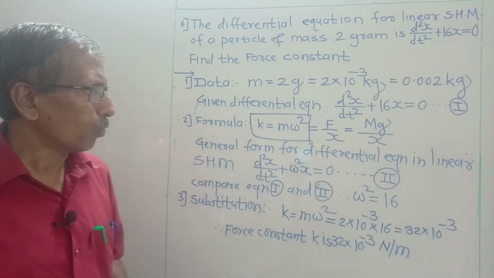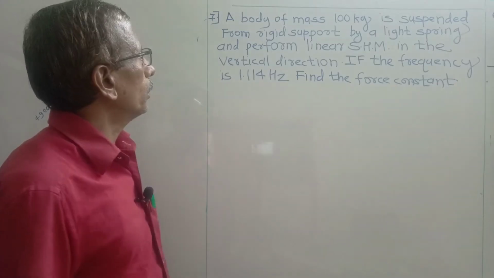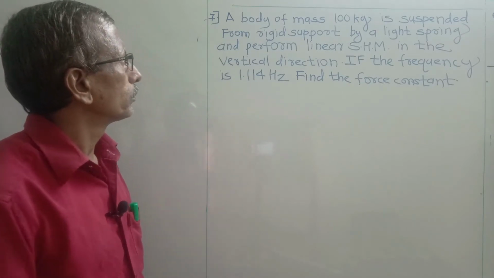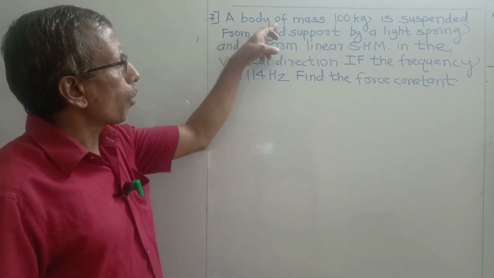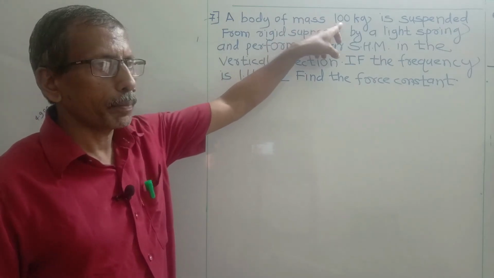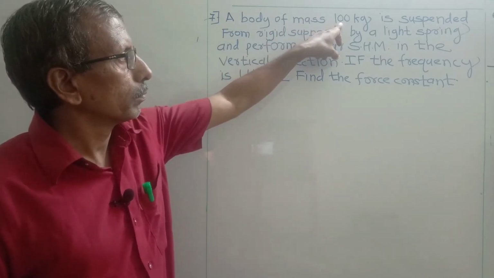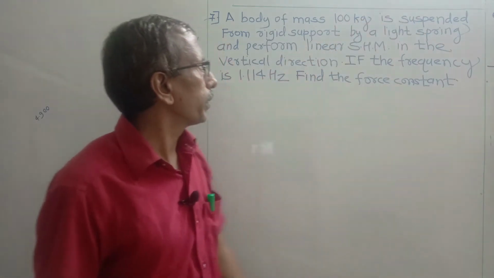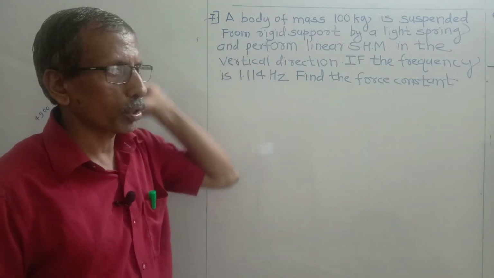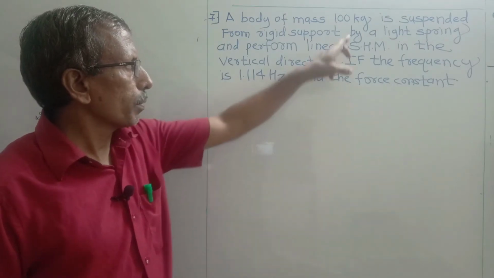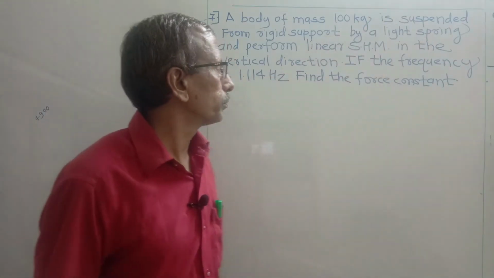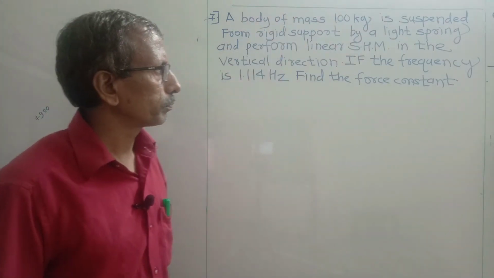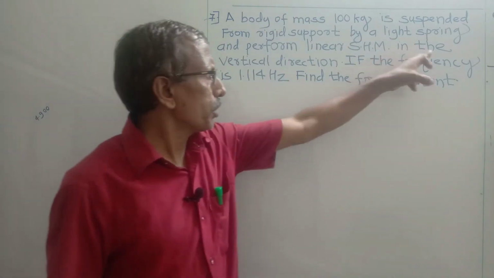Now we have to consider the second problem. A body of mass 100 gram is suspended from a rigid support by a light spring and it performs linear SHM in the vertical direction.